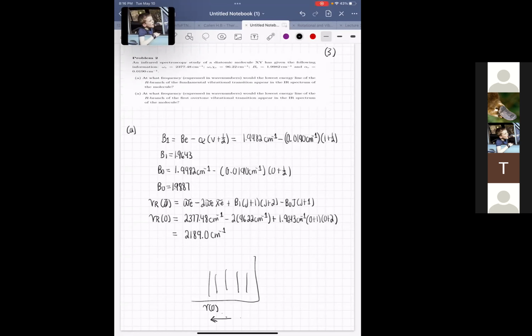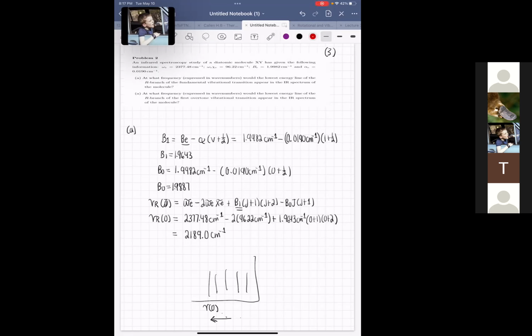Now, they've given you what BE is equal to, what AE is equal to, and they want you to plug this in. They want you to find B1 using these quantities that are given to you.